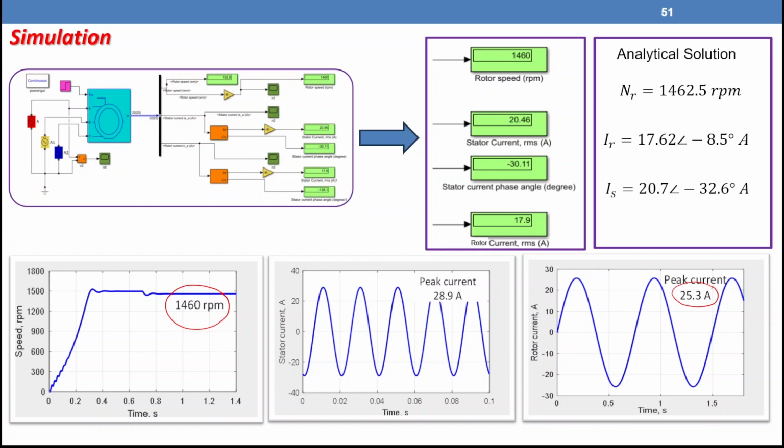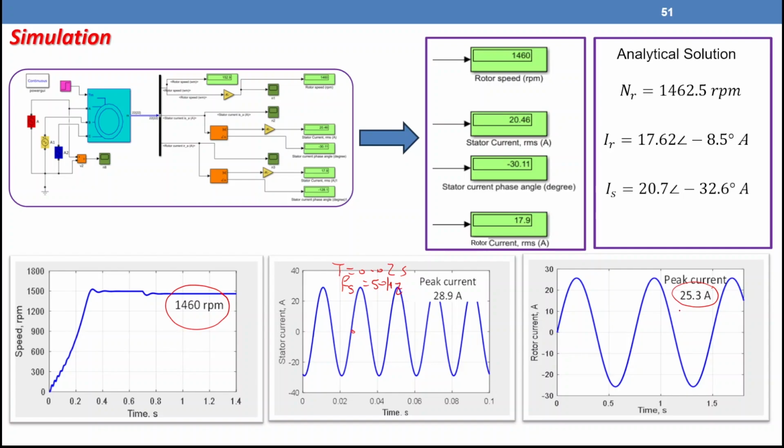Another thing I need you to notice here is that the stator current has a frequency of something like 50 hertz. So we have periodic time here equals 0.02 second, so the frequency F stator equals 50 hertz. And that one is the stator current.